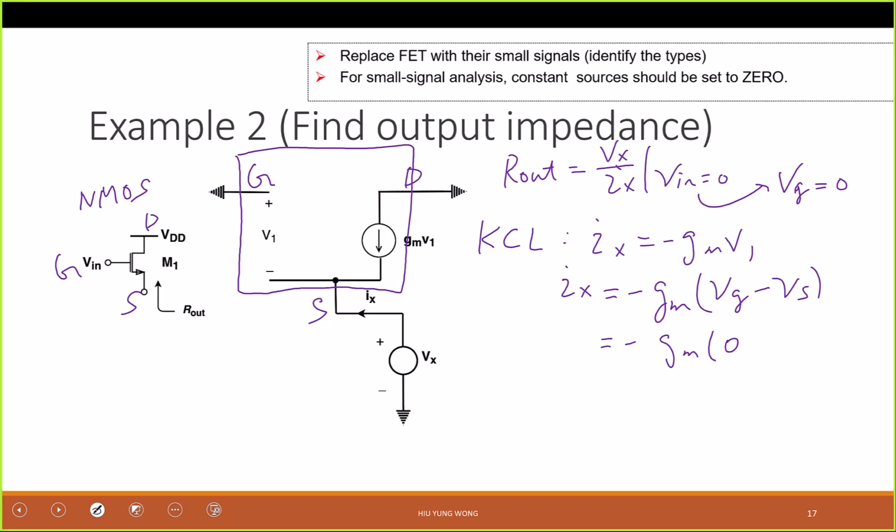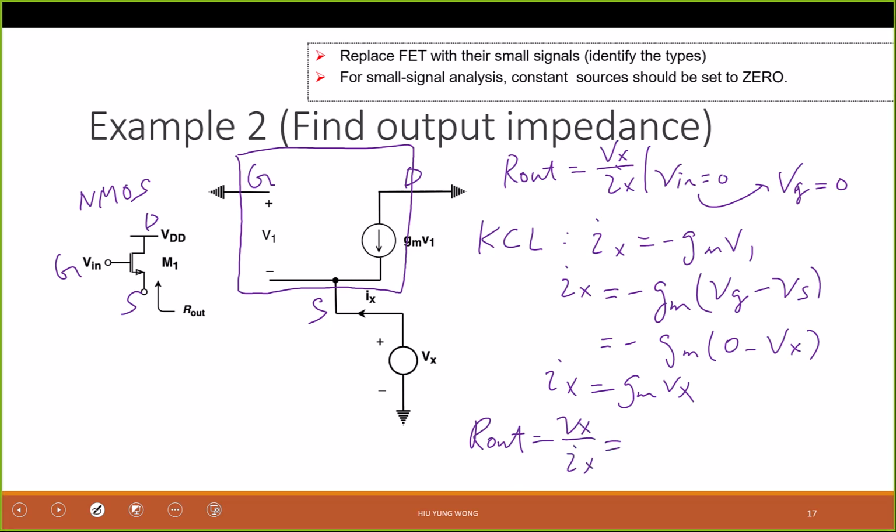In terms of the quantity we want, Vx. All I want is just to bring it to Ix and Vx, then I can get R out, right? So clearly Ix equals gm Vx. So R out equals Vx divided by Ix equals 1 over gm.